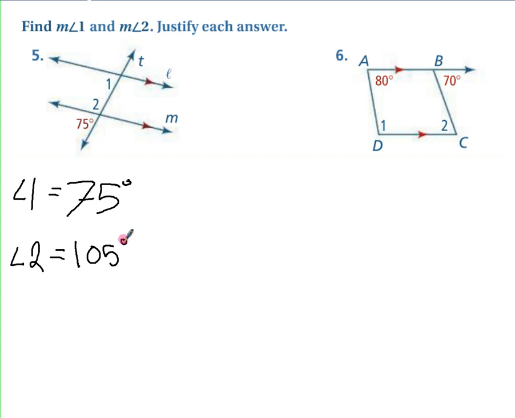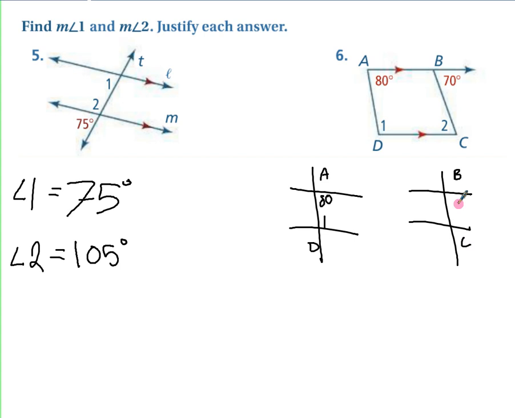I find it a little bit easier to draw them out separately so that I can see what's going on with each transversal. So here's A and D. So I have AD and angle 1. The other side of this shape, I have B and C. And then I have a 70-degree angle and angle 2. Okay. I have my parallel lines.